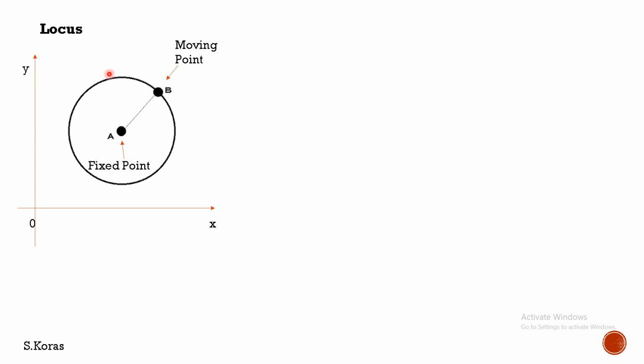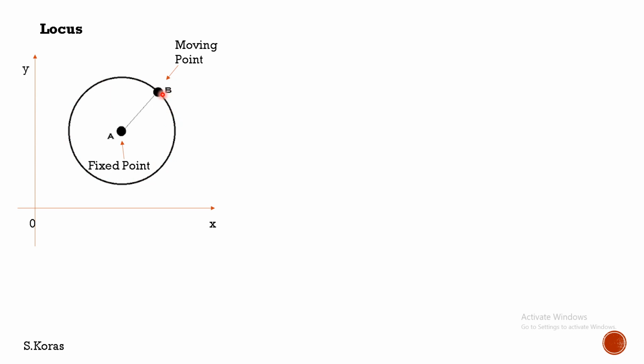In such a way, if a point moves, then we'll get a circle. So this is the locus, that is, the path traced by a moving point is locus.